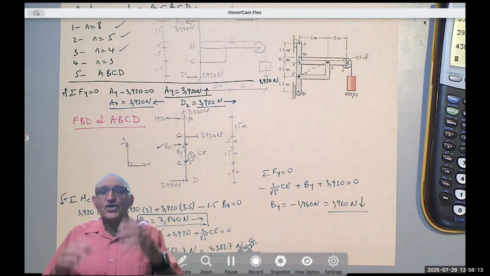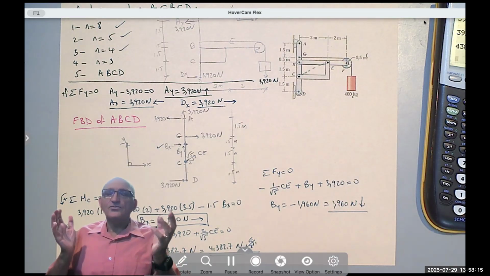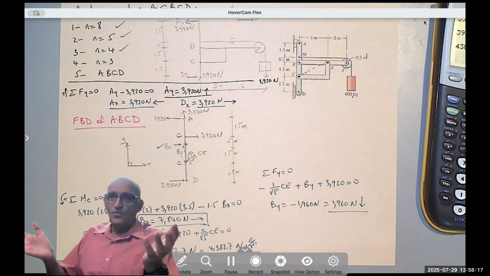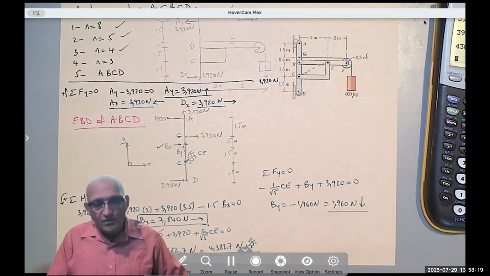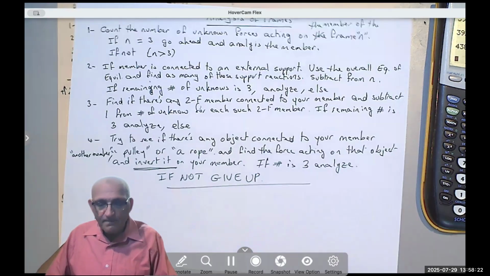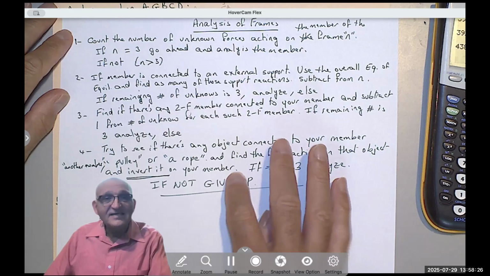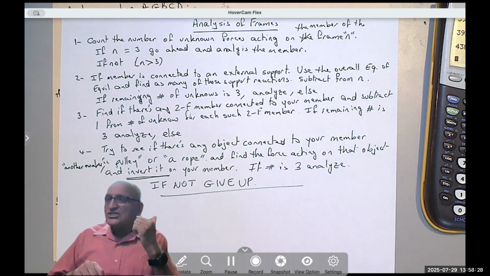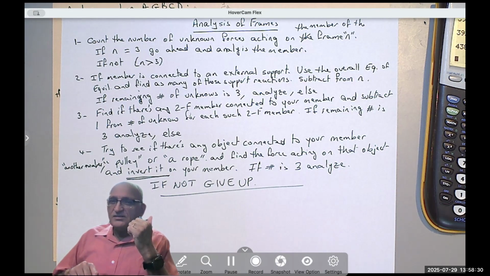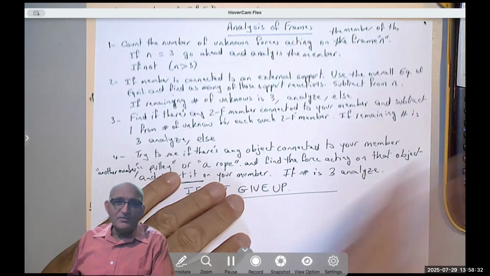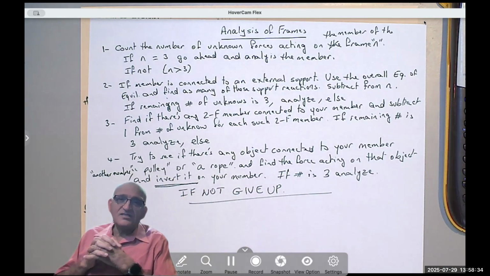But instead of trying to waste time, where should I start? What do I do? Follow these 4 steps. And if you don't reach 3 at the end, it means your original frame was statically indeterminate, and you wouldn't get a problem in statics using statically indeterminate.